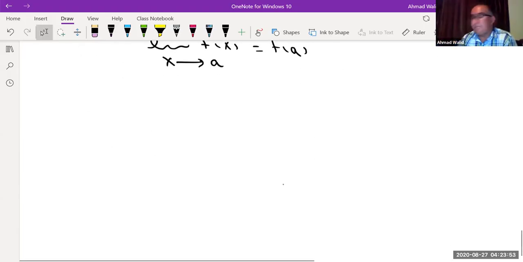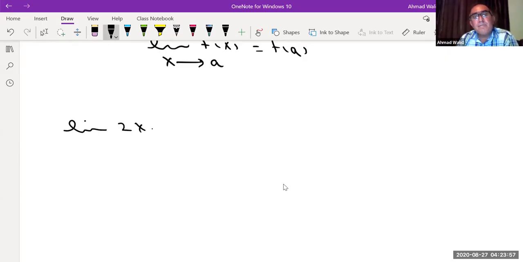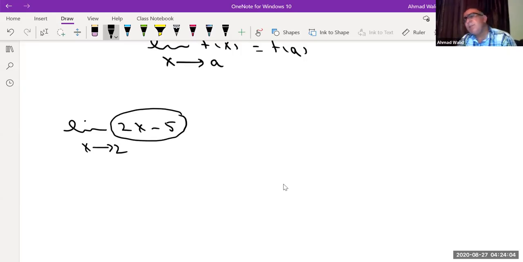For example, if I have the limit of 2x minus 5 as x approaching 2, your function here is a polynomial function. Is 2 in the domain of 2x minus 5? Remember the days that I covered the review for you, I had a lecture on the domain of functions also. The domain of polynomial functions starts from negative infinity to positive infinity, right?